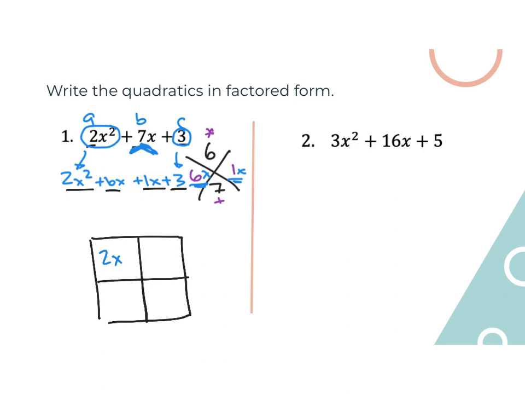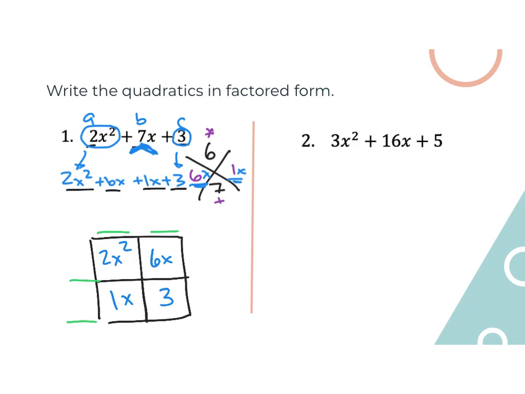I have these 2x squared, 6x, 1x, and 3. I have those things on the inside, and I'm working to find the outsides. So if you think back to those boxes that we multiplied into in the last unit, now we're just doing the reverse. We're starting with the products on the inside, and we're finding the GCFs on the outside.